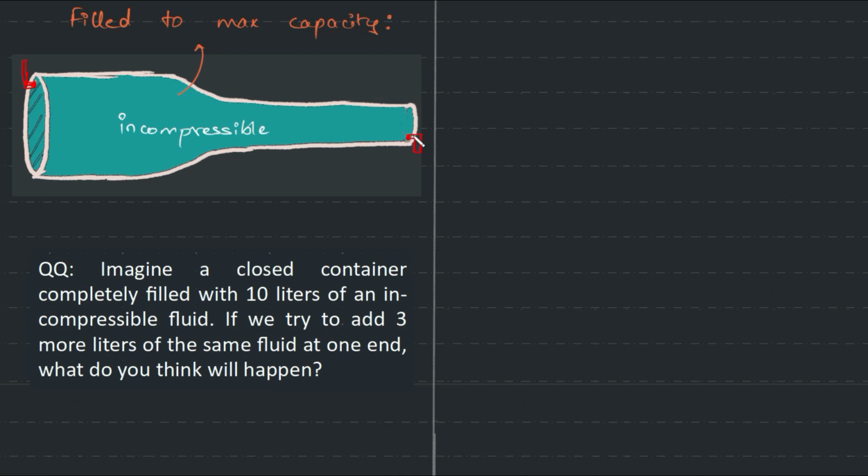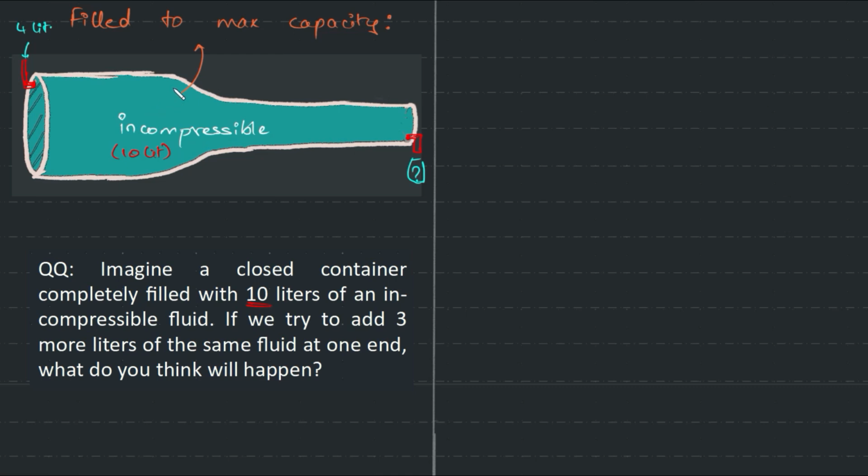Now, a very simple commonsensical question to you guys. Remember, this is incompressible. Say the capacity is 10 liters. Now, if I happen to pour in 4 liters of the same liquid, how much liquid should I remove for this to happen?